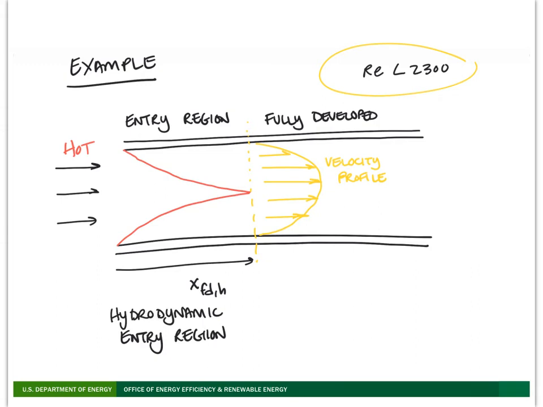We can calculate this by just knowing the Reynolds number, where the relationship is the hydrodynamic entry length divided by the diameter is approximately 0.05 times the Reynolds number. That will tell you whether you're in the entry region or in the fully developed part of your pipe.